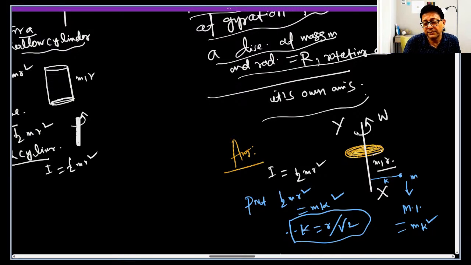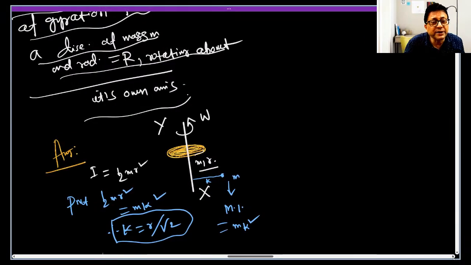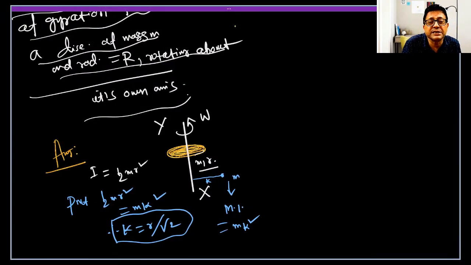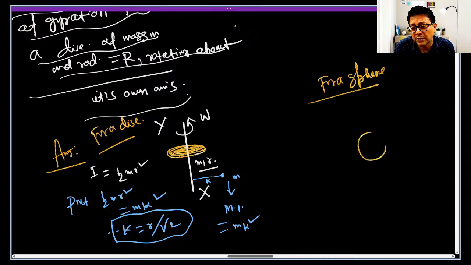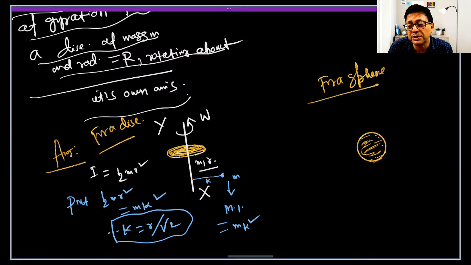If a sphere is rotating about its own axis, how to find the radius of gyration? We did this for a disc. Now for a sphere, see, very simple now. This is the sphere. It has its axis of rotation, a diameter.